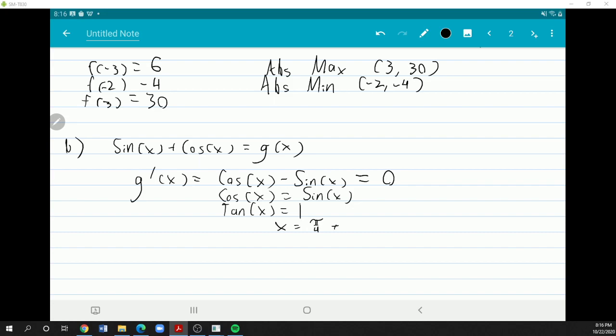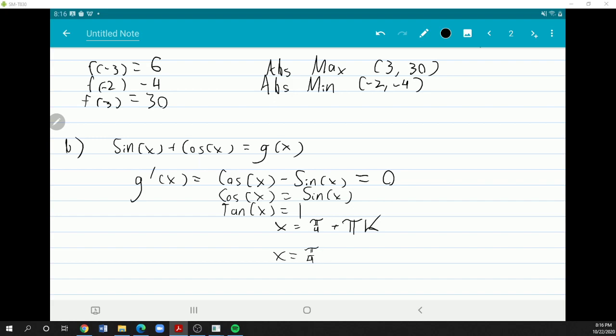Let me write out the full answer first. It's going to be pi over 4, and then again at 5 pi over 4, plus pi k. But how many of those are in our interval? So x equals pi over 4 definitely works. Does anything else work?